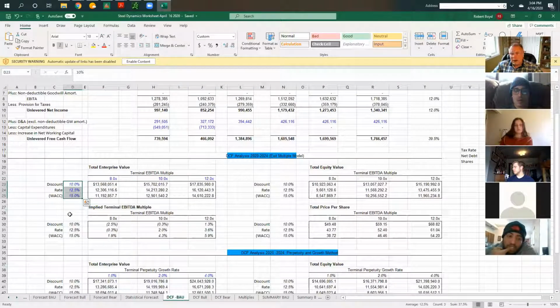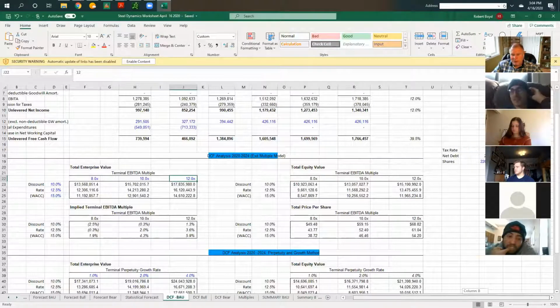We calculated in the previous assignment what the weighted average cost of capital was for the company. You could use that. But investors are always going to be looking for a better return than just a risk-free. So in this case, I use 10, 12 and a half, and 15 as the discount rate. And then I've multiplied, these are the multipliers that I think I'm going to sell at.